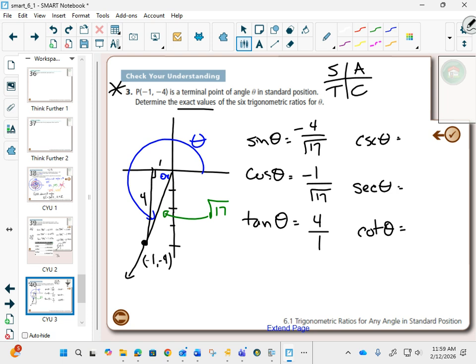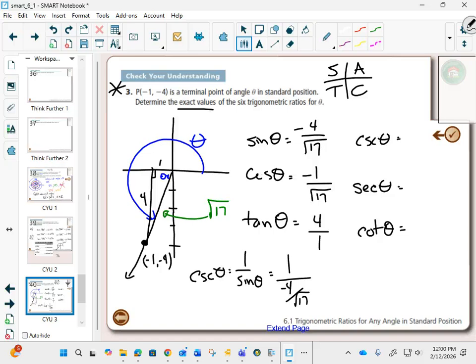The reason it's nice not to rationalize the denominators is, okay, cosecant is 1 over sine. I'm going to first do it the long way, and I'm going to show you a shortcut, okay? Cosecant of theta is 1 over sine of theta. And since sine of theta is equal to negative 4 over root 17, this is what cosecant of theta is equal to. But in grade 12, they do not let you have complex fractions.